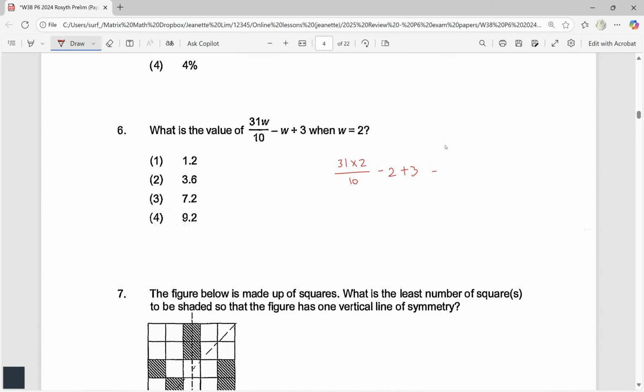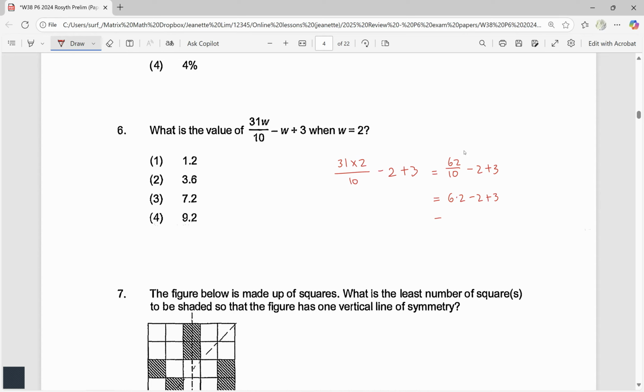So you're supposed to work on the fraction first, the numerator. 31 times 2 is 62. Then over 10 minus 2 plus 3. Do not do 2 plus 3 first, okay? So the order is that if you have plus and minus, you have to do from left to right. But before that, let's look at 62 over 10. 62 over 10 is 6.2.